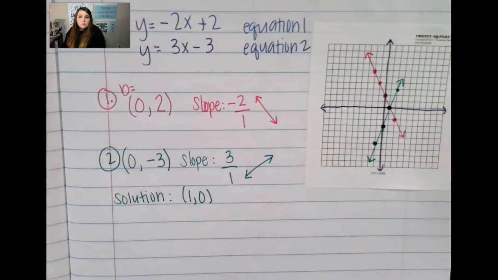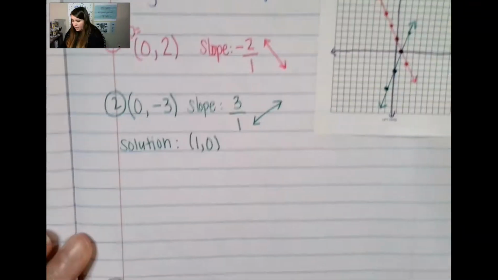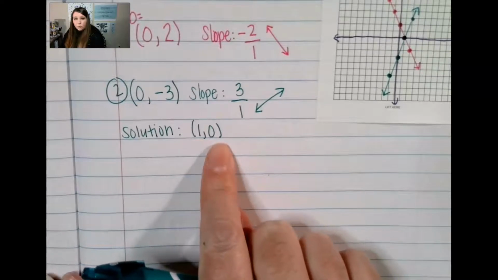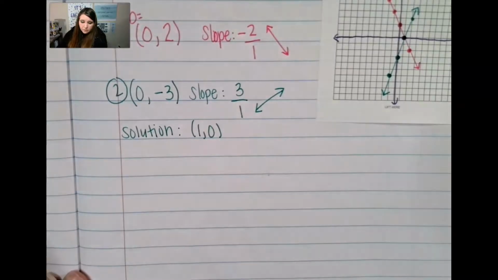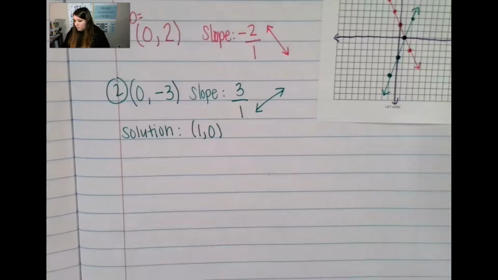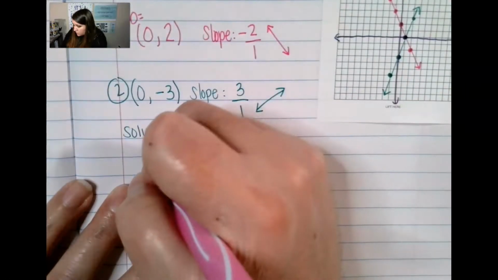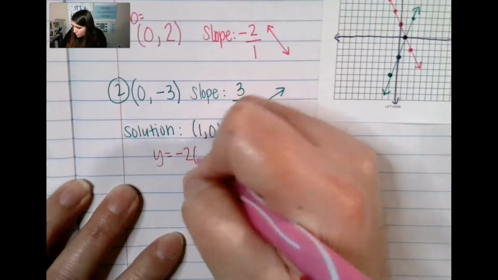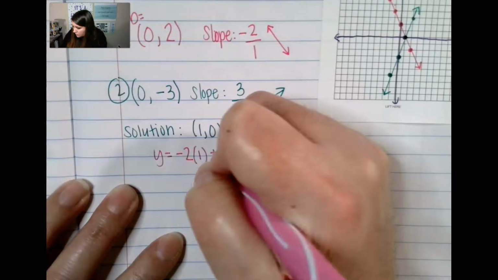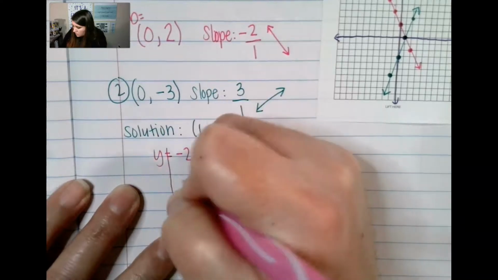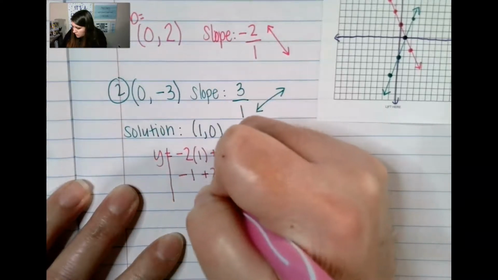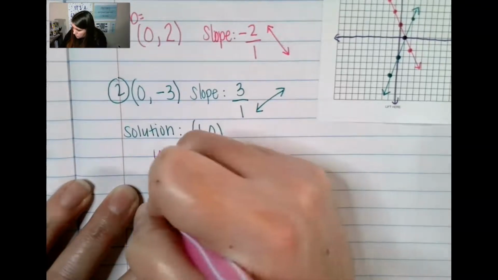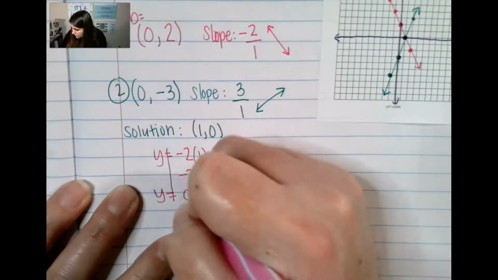We could also double check this by putting our solution of x equaling 1, and we should get a 0 on the outside of our equation. So if I take equation 1, which was y equals negative 2, and I put 1 in for x plus 2, that's negative 2 plus 2, y equals 0.